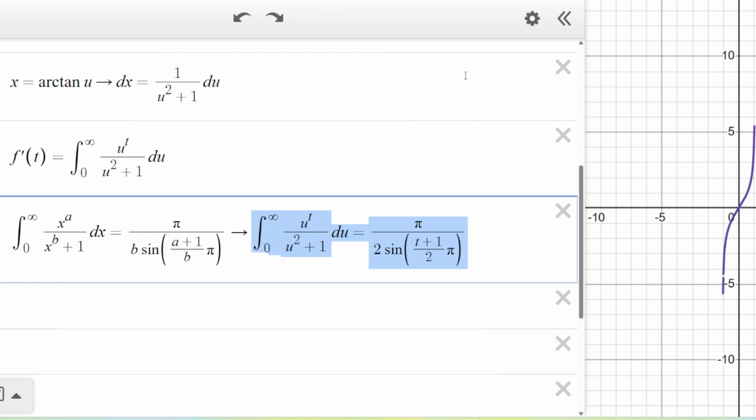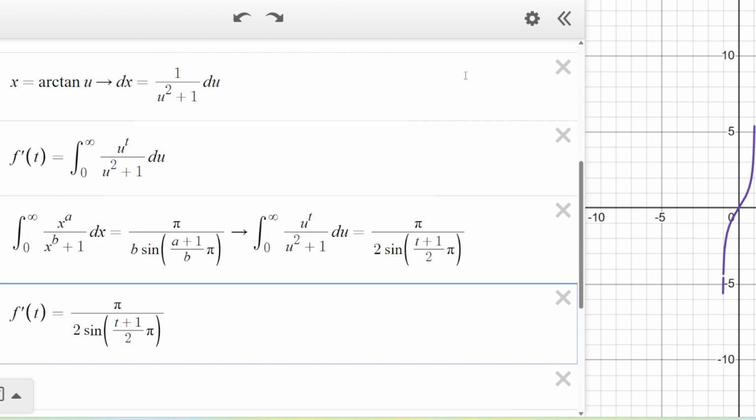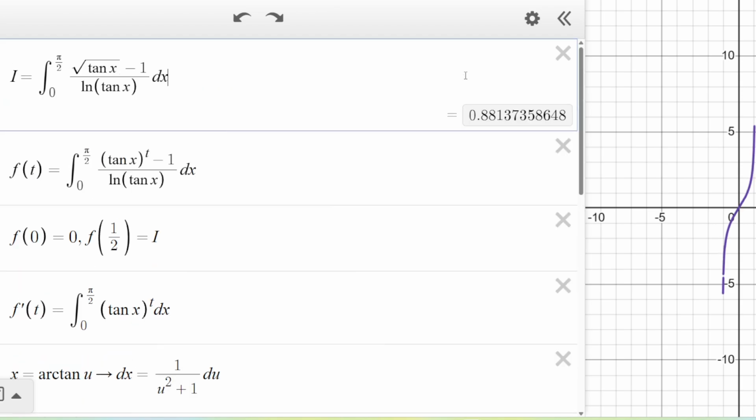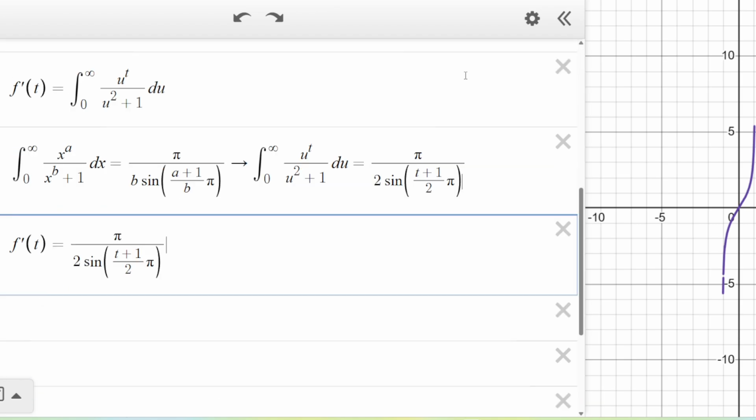We just replace our a with a t and our b with a 2, and we end up with this. So that means that our f prime of t is just this. All right, but we are not interested in f prime of t. We want f of t so that we can plug in f of 1/2.